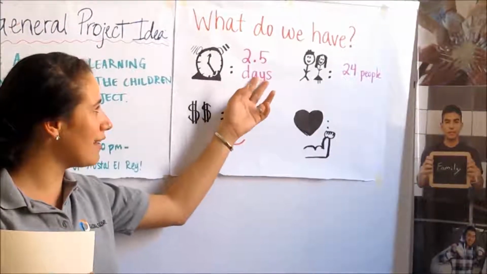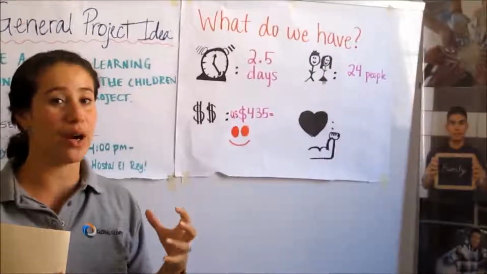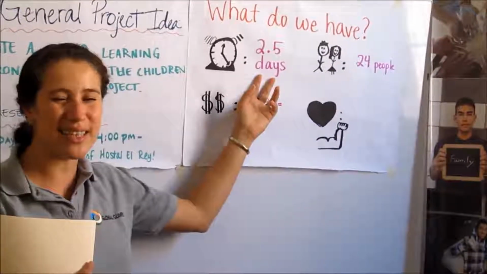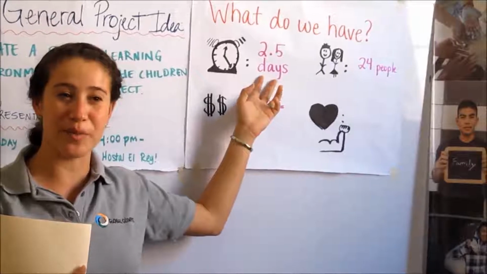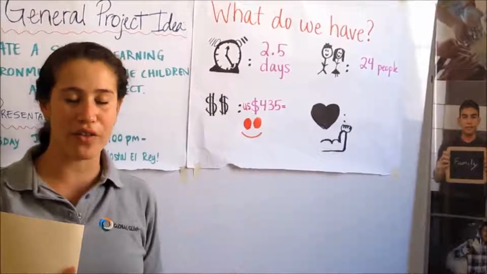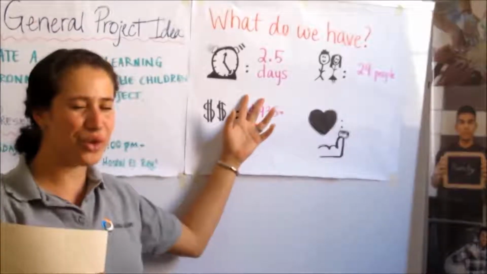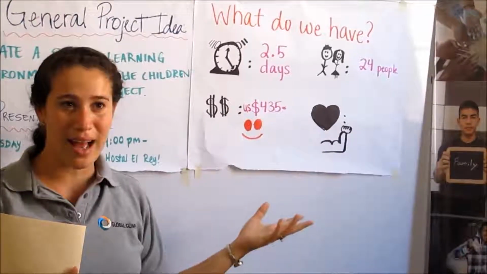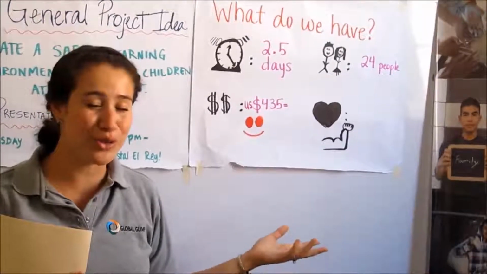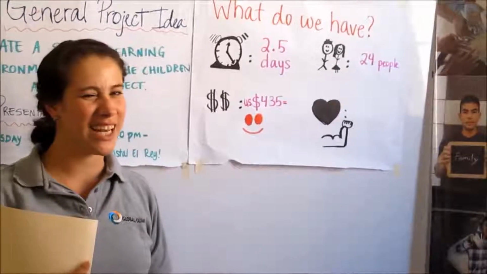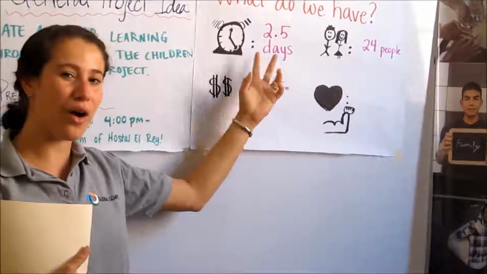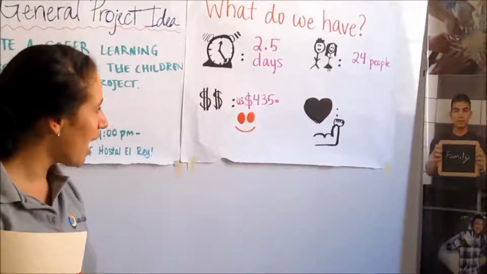So even though we have 3 days in our itinerary, actually it's like 2.5 days, because besides this project, we have other things to do, like English tutoring. So think about it, do you think that we can build another room in 2.5 days? No. No, right? So let's think about how much time we have.